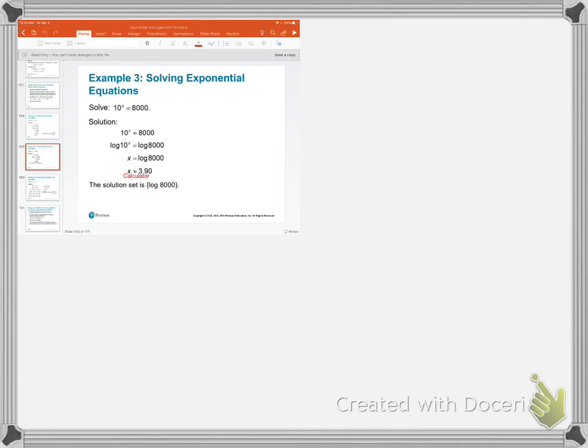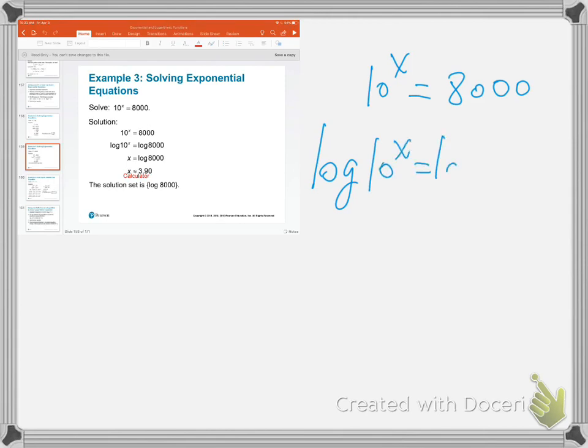Okay, so one more example. 10 to the x power is 8,000. So we take log on both sides. It's the common log, so we don't need to write the base 10. So log 8,000. This is the power rule on the left.